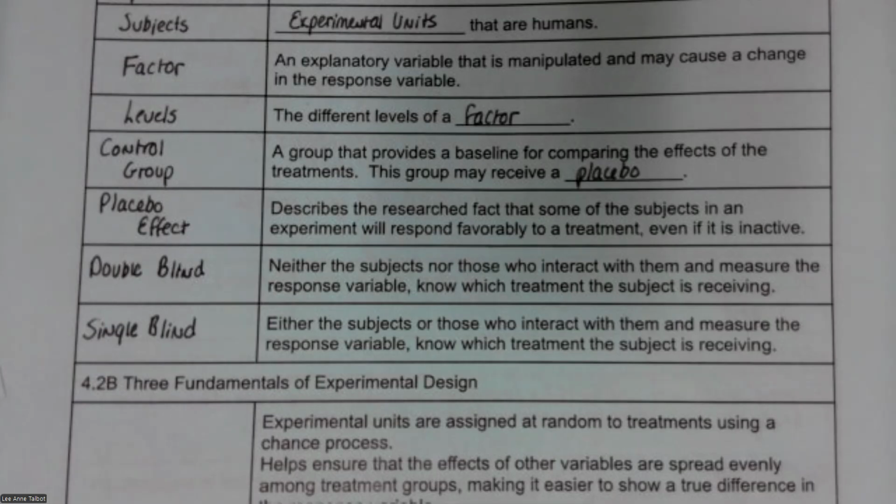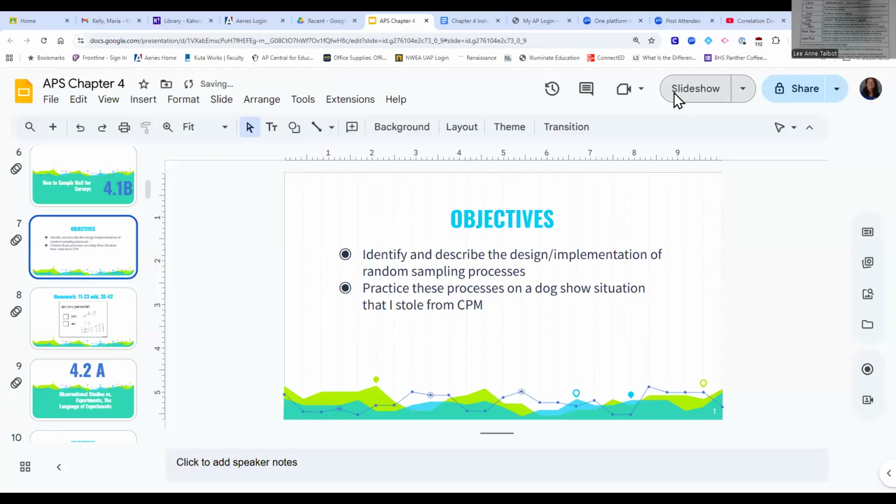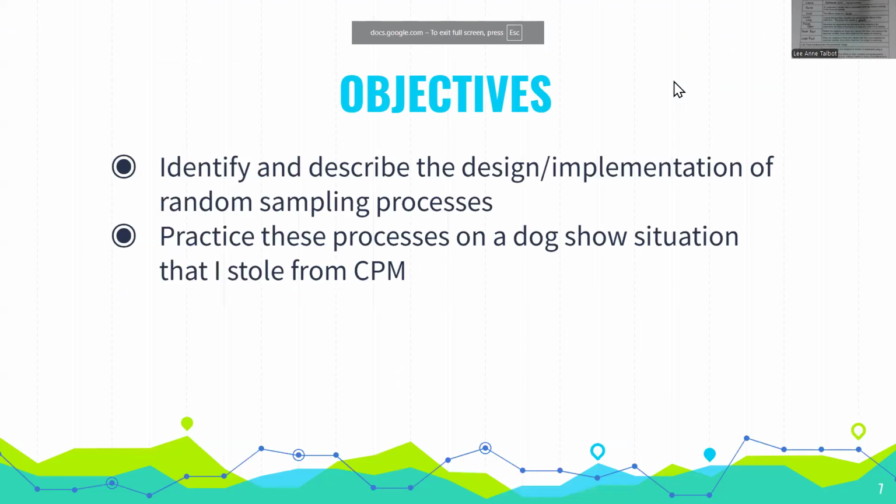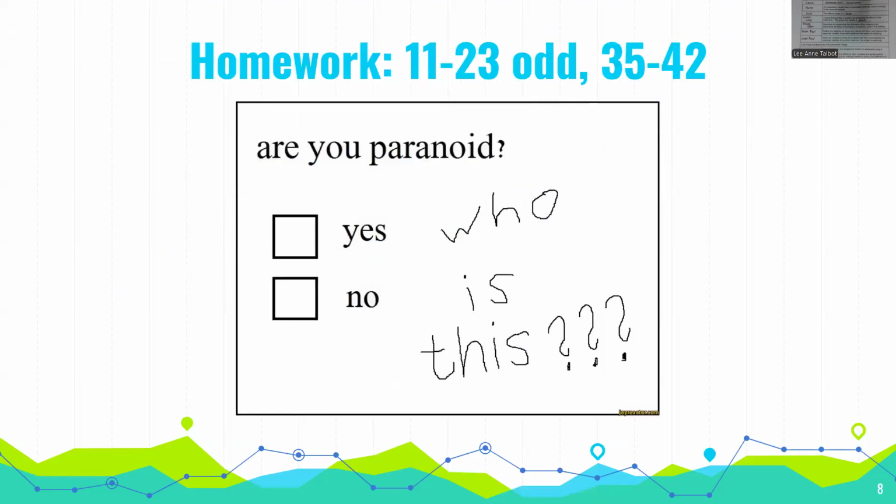to make you happy because I care about your happiness. Okay, I have some top 10 jokes. This is one of my favorites. It's a survey question. Are you paranoid?